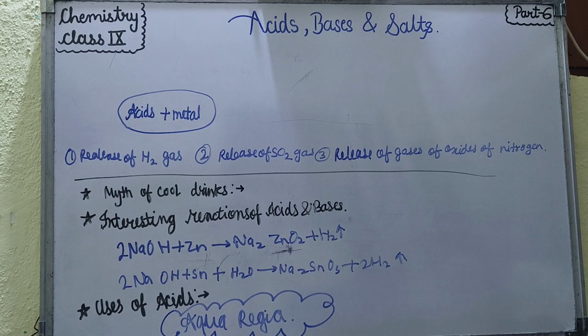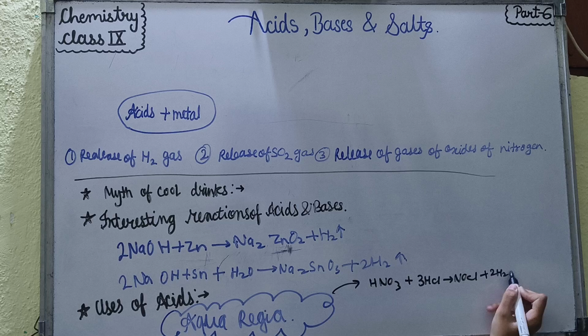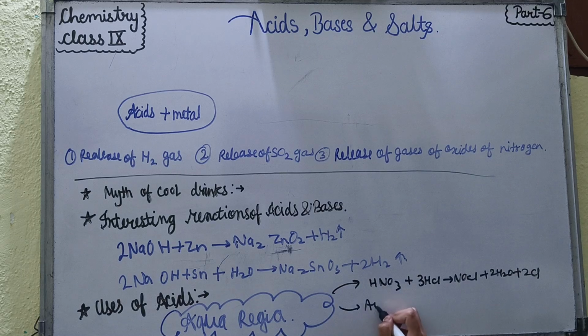The reaction proceeds like liberation of nascent chlorine: HNO3 plus 3HCl gives NOCl plus 2H2O plus 2Cl, and formation of auric chloride: Au plus 3Cl gives AuCl3, auric chloride.